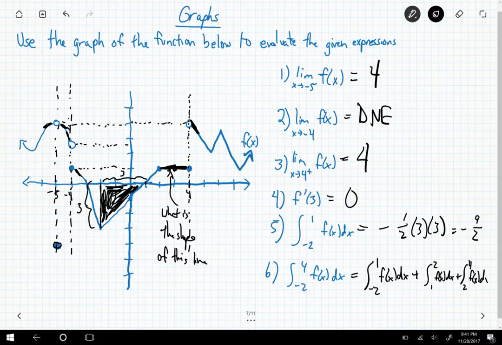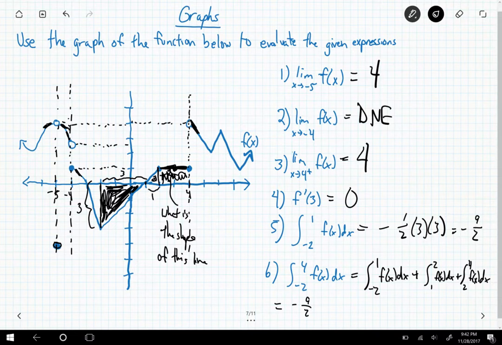And why is that? Well, notice from 1 to 2, we have another triangle that's positive. And then from 2 to 4, we have a rectangle. When we look at all these, we already know the answer from the integral -2 to 1. That's -9/2.